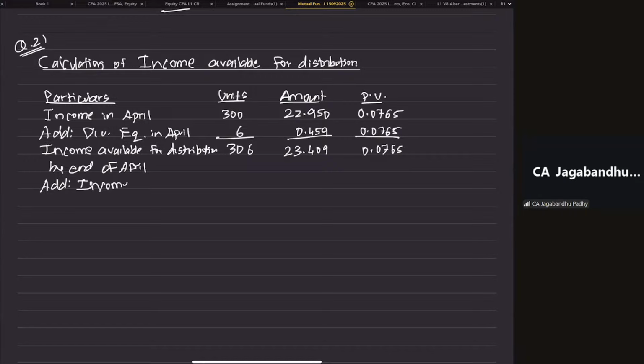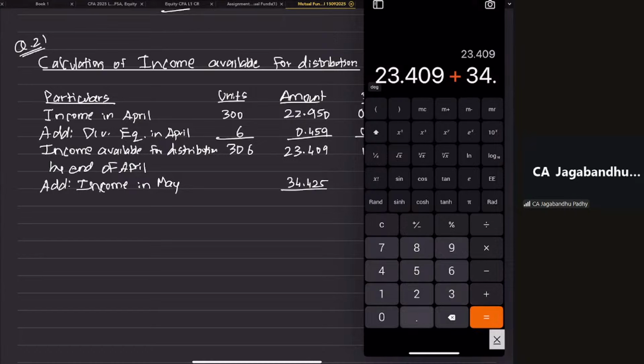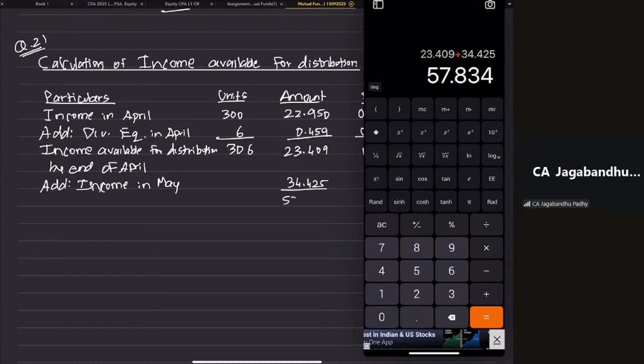Then we received again income in May, so we will add income in May. How much is the amount of income in May? Income in May is 34.425, right? So the total income that we have now is 34.425 plus 23.409, because we have not distributed anything, which is 57.834.